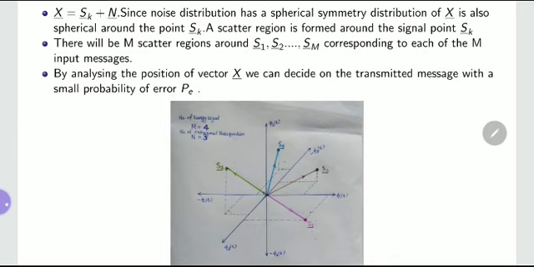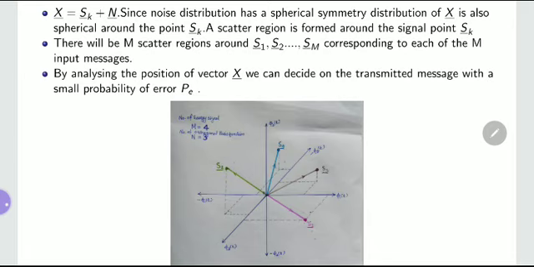Now by analyzing the position of the received vector x, we can decide on the transmitted message, and obviously since there is noise, there is a chance of error, and the probability of error is represented as PE. So here I have shown an example.